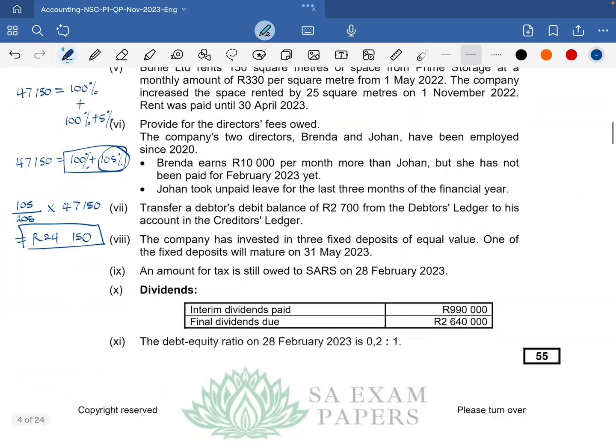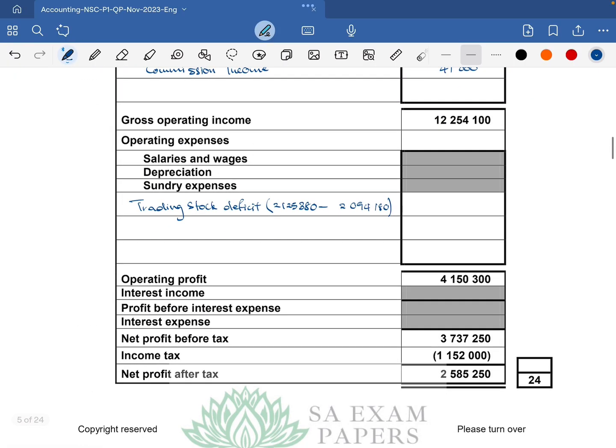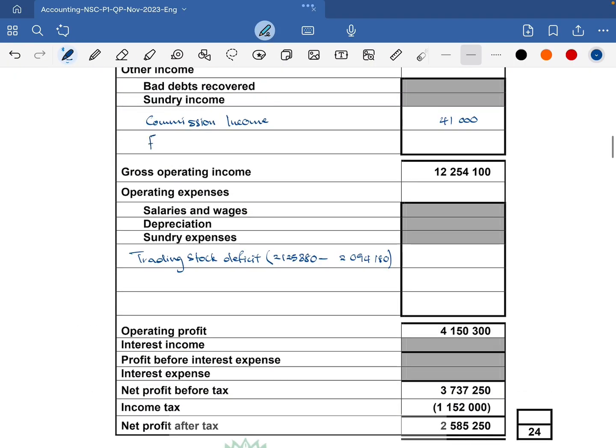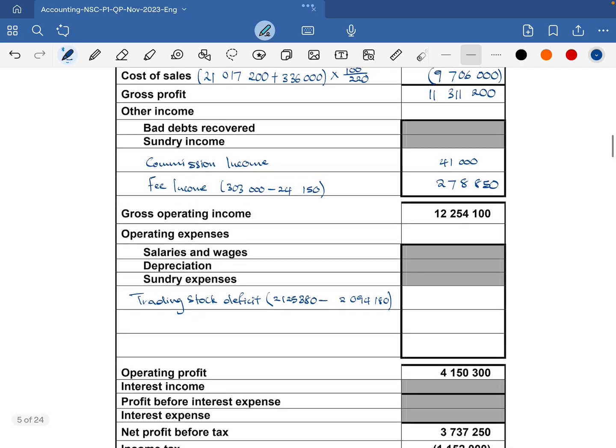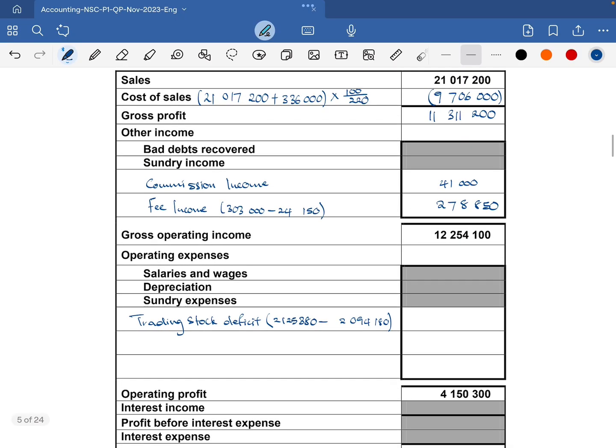Okay, so 303,000 minus 24,150. So here we have our fee income, 303,000 minus 24,150. Okay, so that gives our fee income of 278,850.